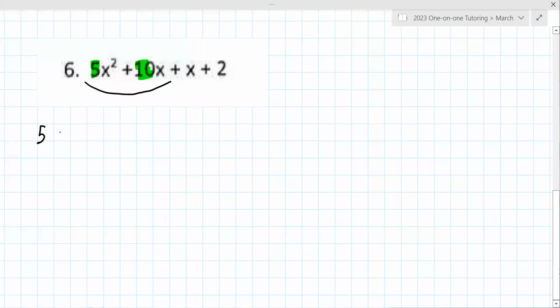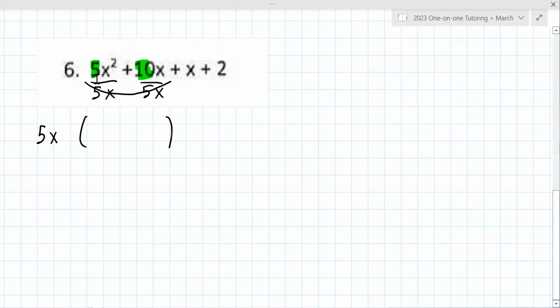Okay, very good. Now between x squared and x, which is the smaller exponent? X. So 5x. So you're basically dividing each of these by 5x. So tell me what goes in parentheses here, please. It'd be 2. Anything else?